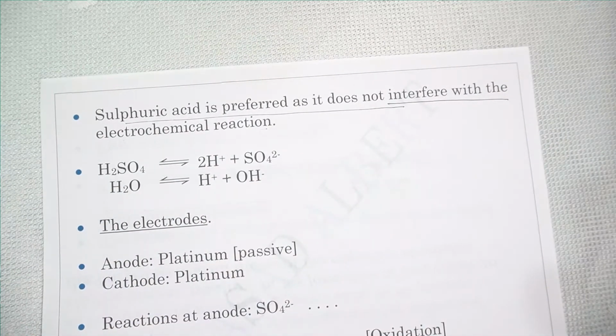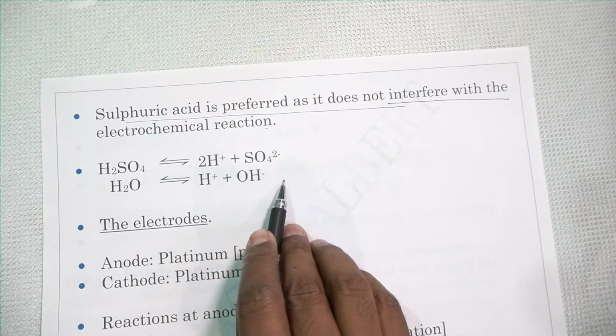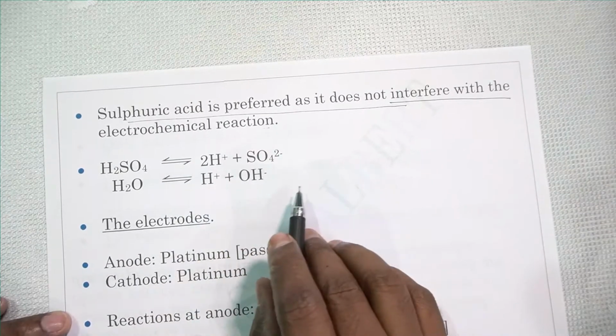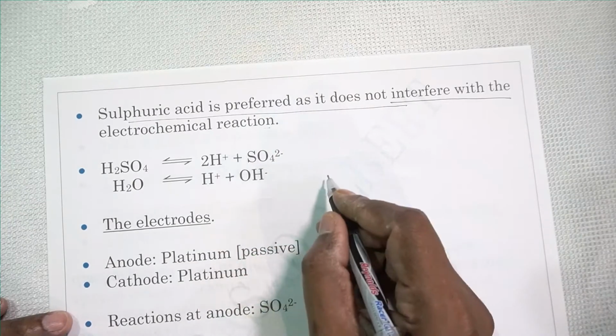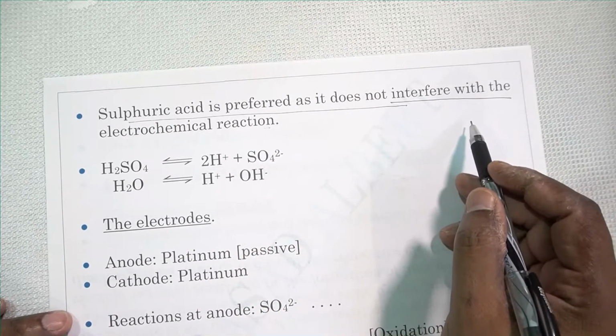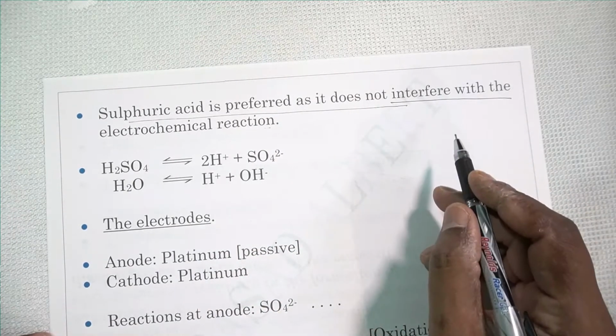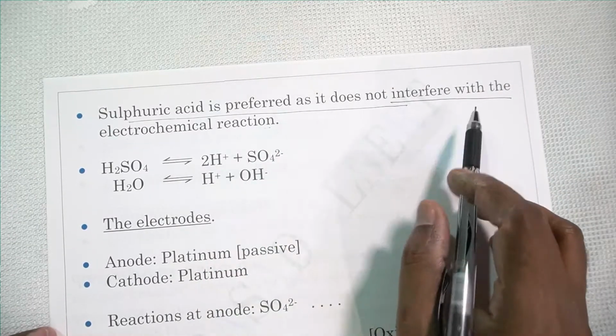It only helps the ionization of water and does not interfere with the remaining reaction. So in other words, sulfuric acid helps us to start the reaction by helping water to ionize. It does not do anything else there. In other words, it does not get discharged there. So the water is ionized with the help of sulfuric acid here. That is why we use sulfuric acid: because it does not interfere.